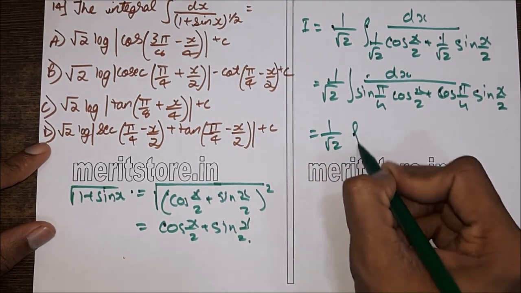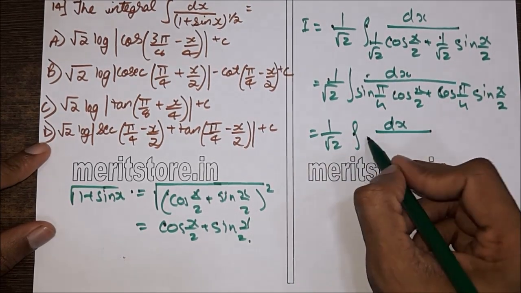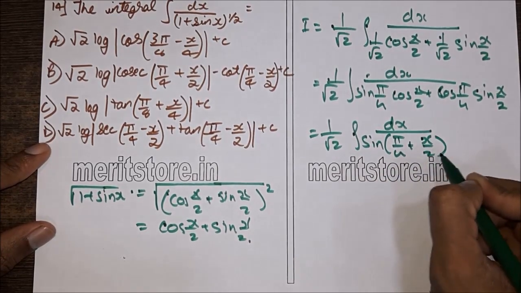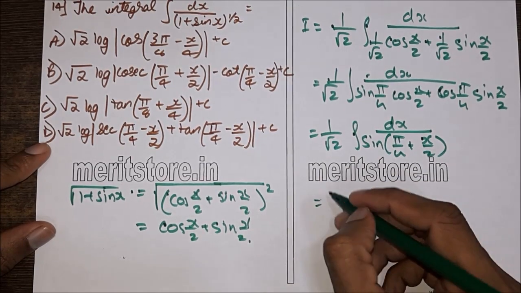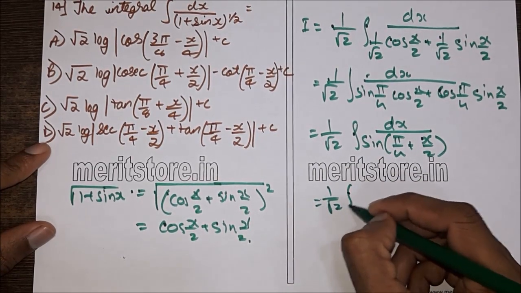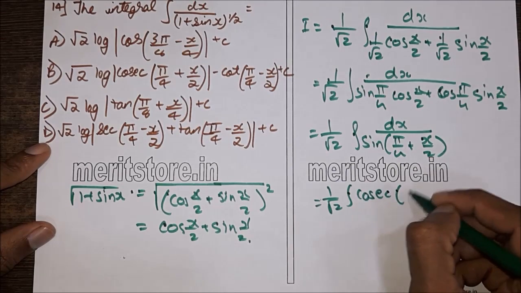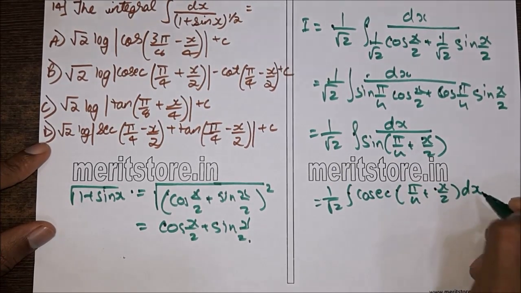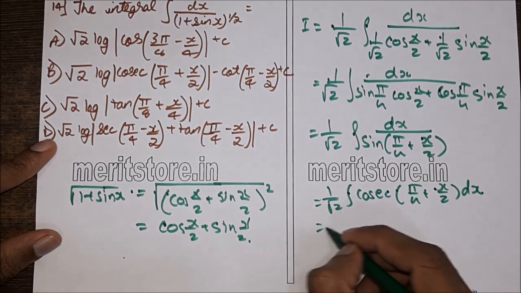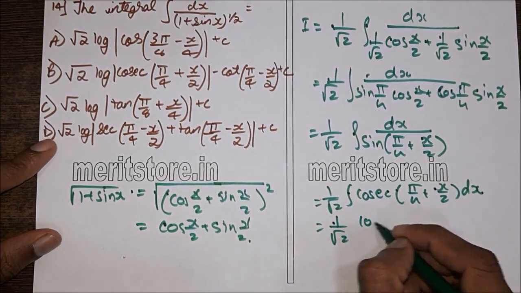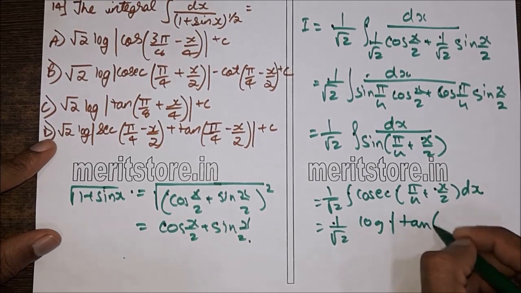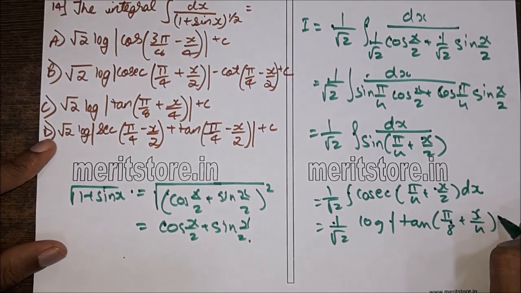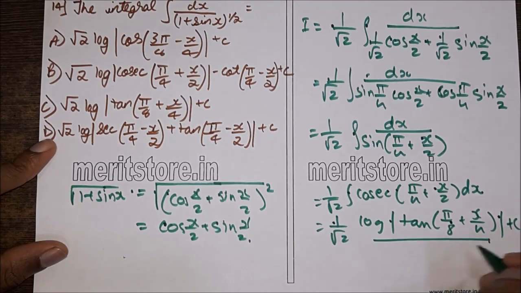1 by root 2 integral of dx upon sin of pi by 4 plus x by 2. We can write this as 1 by root 2 cosec of pi by 4 plus x by 2 dx. For integrating, we can write this as 1 by root 2 log of mod tan of pi by 8 plus x by 4 mod plus c upon half.